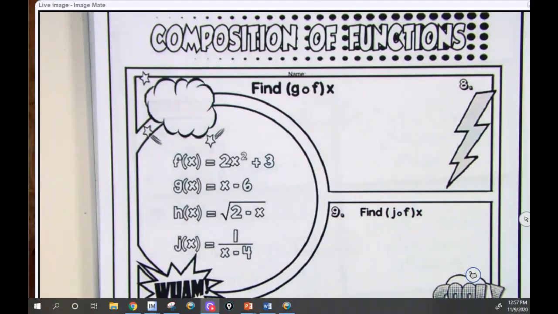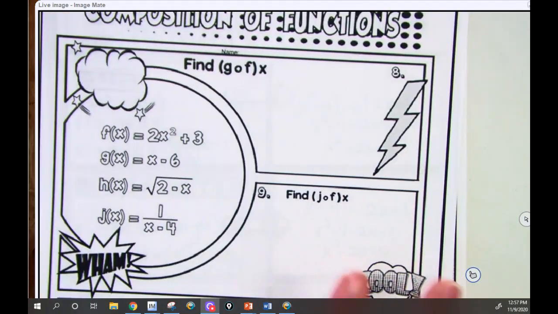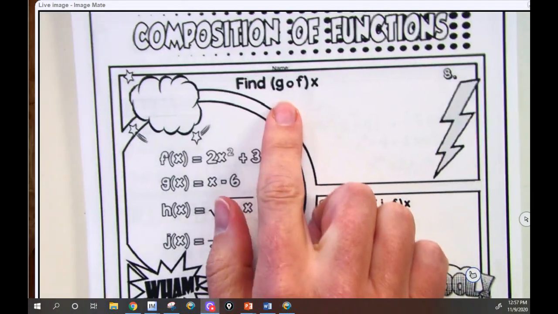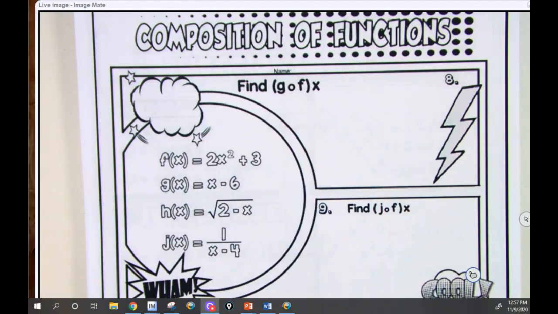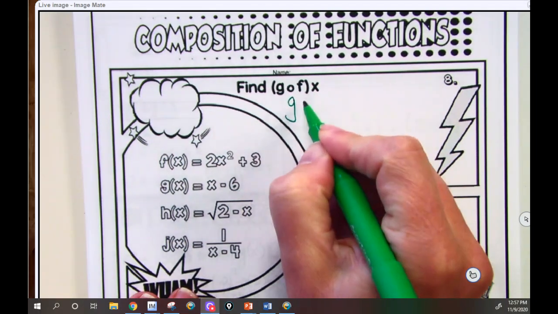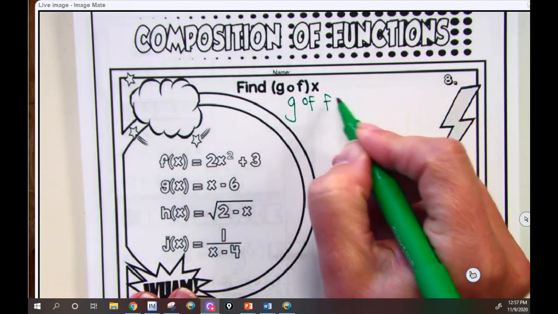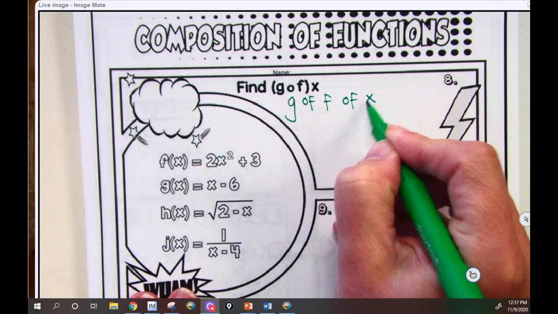Composition of functions means we're combining functions in a way other than we just did with add, subtract, multiply, and divide, right? We read this, in fact, I'm going to say this is g of f of x.